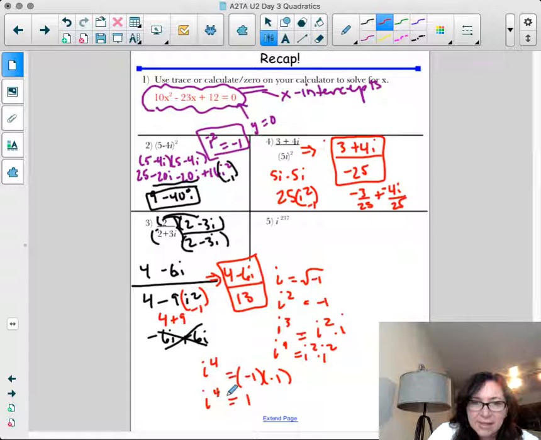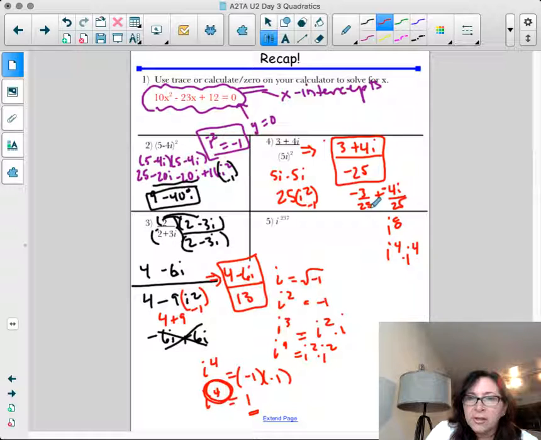So any time I have a multiple of 4, I'm going to get 1 as my answer. So like if I had i to the 8th, remember, this is i to the fourth times i to the fourth, which is just 1 times 1. So you would need to ask yourself, how many 4s can I take out of 237? So I think I can take out 59.